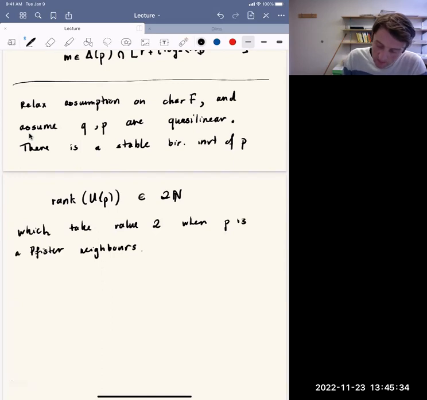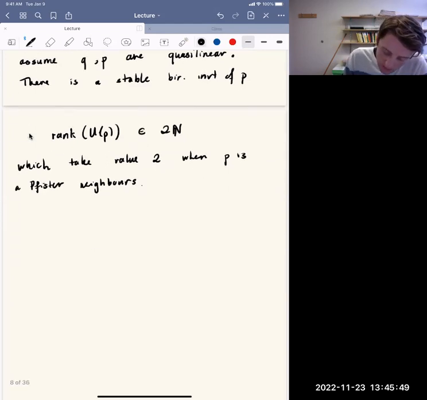And again, even for singular Pfister neighbors, you can prove that this number is 2 in that case. But for non-Pfister neighbors, if the form is sufficiently non-singular, then the rank shouldn't be 2. So the conjecture that is proven, basically, or the analog of it that is proven by the theorem above for quasi-linear forms, is now the following.